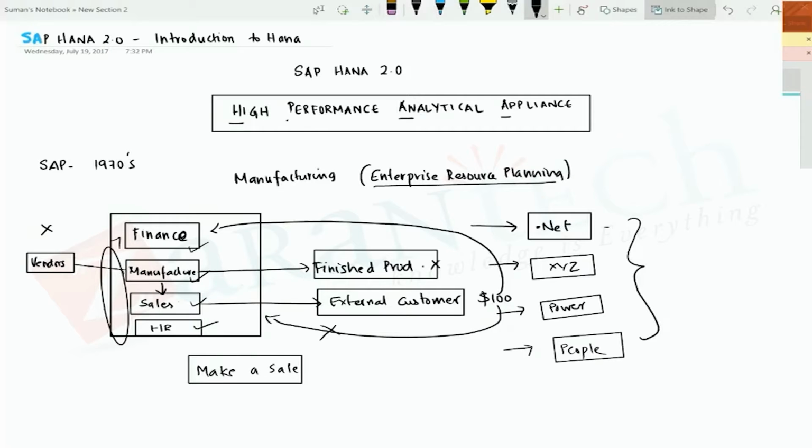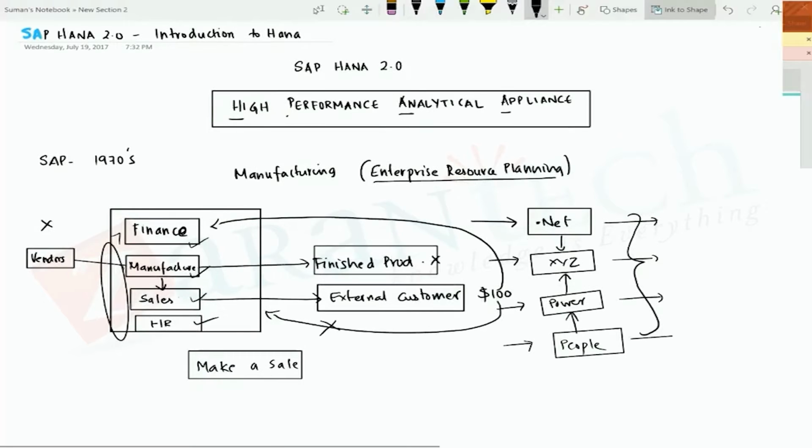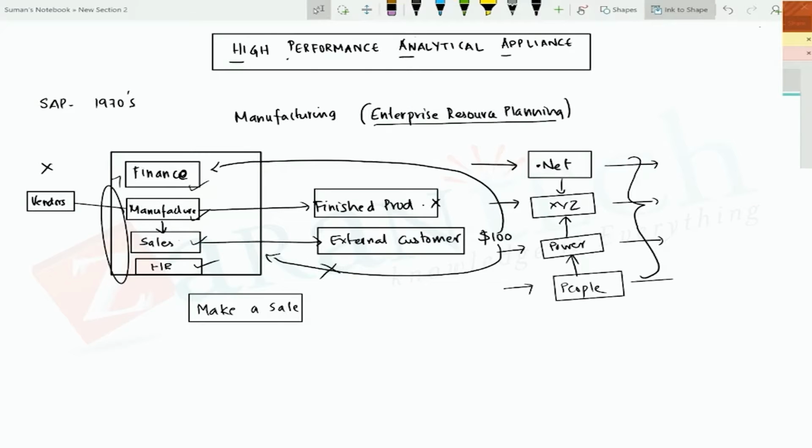But if every single department uses a different technology, the integration between them is going to become a nightmare. So this became a huge problem in the early 1970s. Companies were understanding that, okay, I know that the company has to work in integration with all the different departments, but because I'm maintaining separate applications, it's going to be very, very difficult for me.